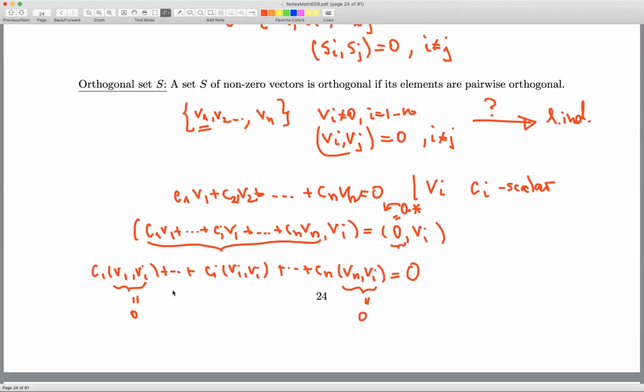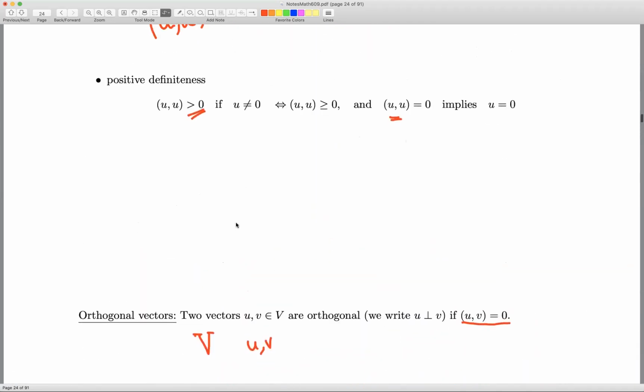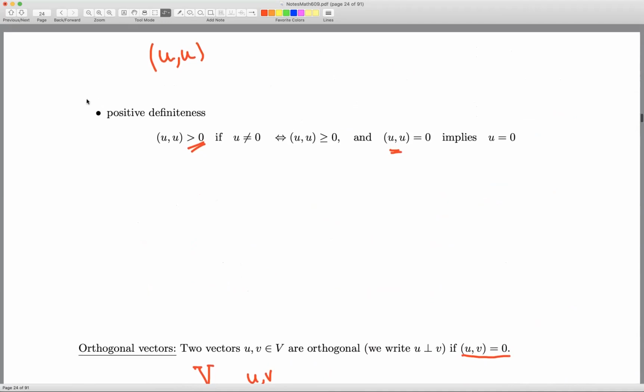So all these inner products in this sum will be equal to 0, except this one. And this one will be different from 0 because of property number 3. We see here that the inner product of an element with itself is bigger than 0 if this element is non-zero.